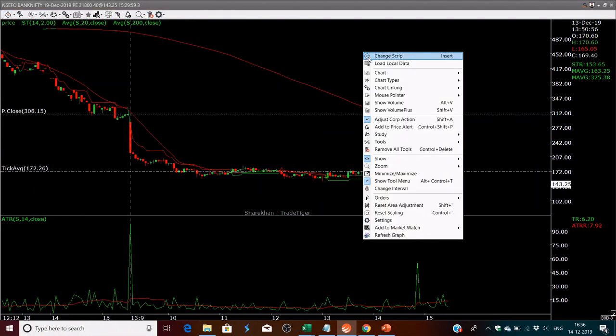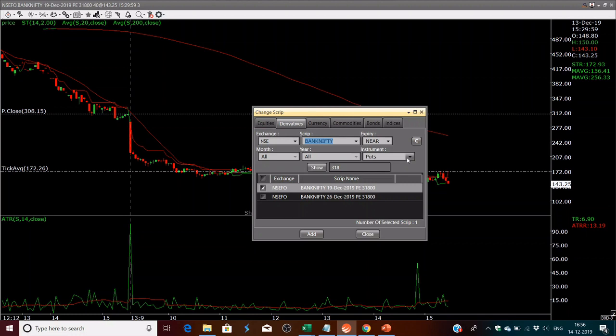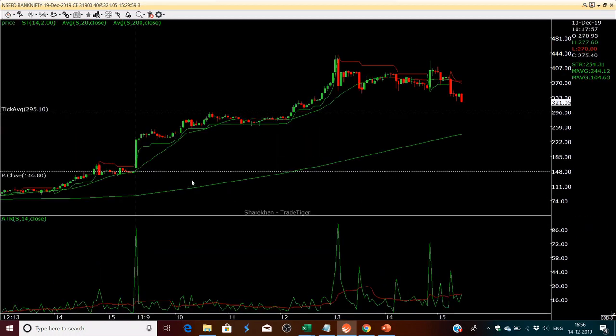So like this, if you want to go and see the call, like say 31,900 call, this is a call example. Same thing, this was the previous close.